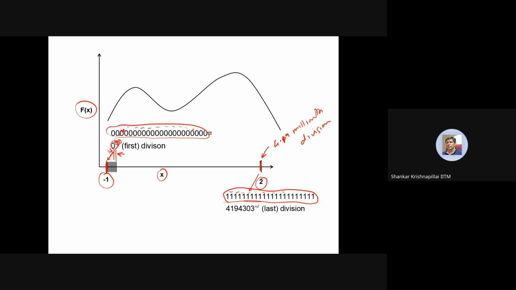So that is the final division. So 0, 0, 0 is the first division. In between, a lot of other combinations of bits will be there.